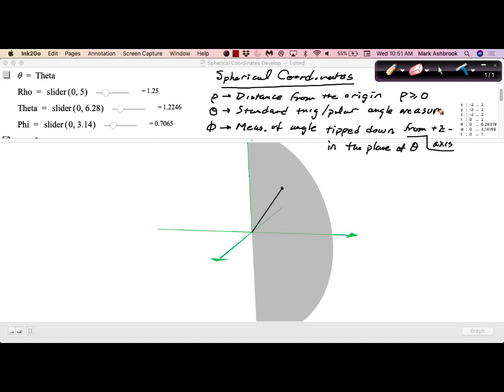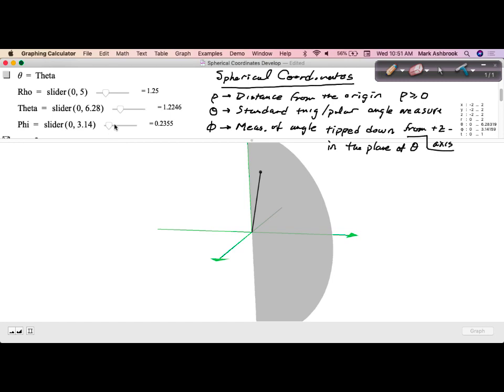So once you've chosen theta, you have this plane of theta. Now, phi is going to be the angle in that plane of theta, tipped down from the positive z. Does it make sense? Do you see that?